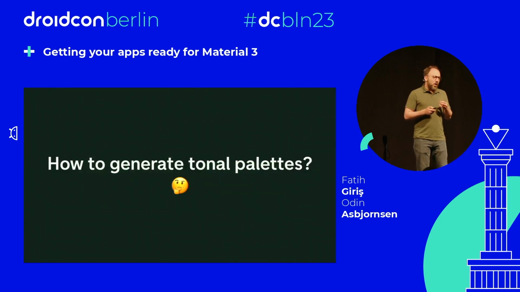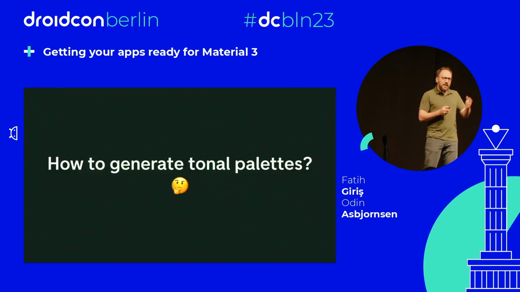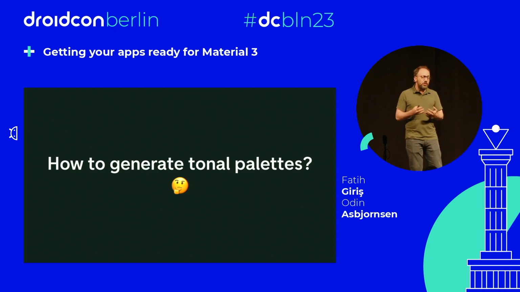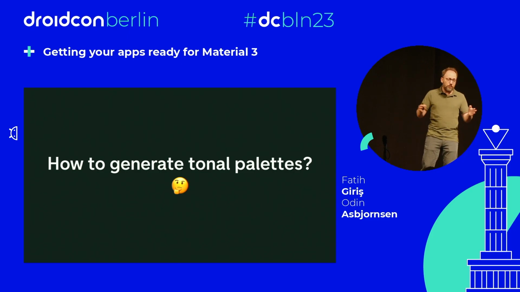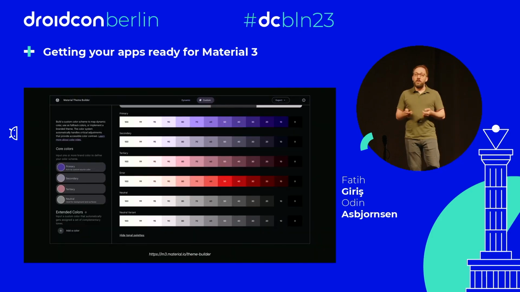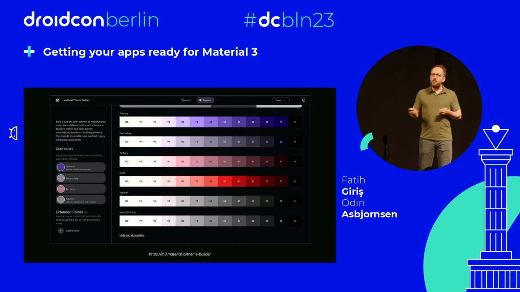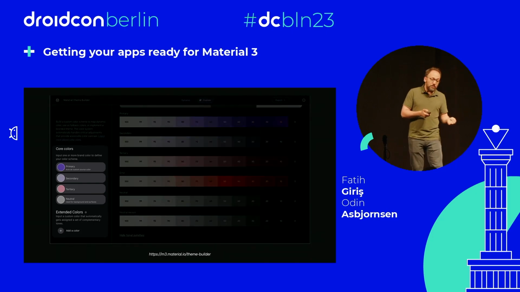But then, OK, we have talked about the tonal palettes and the 13 tones, but how are we going to generate these 13 tones? Are we going to sit down and try to generate from black to white? No. Luckily, we have a website called Material Tree Theme Builder. If you go to that website, you have a place where you can set the primary, secondary, tertiary, and the neutral color.